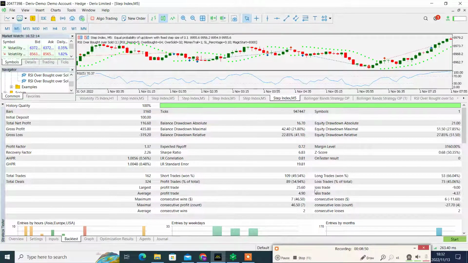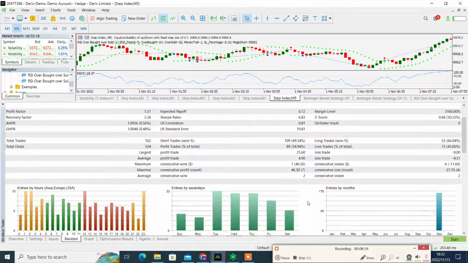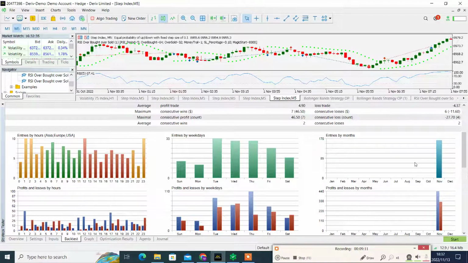When we win big, and when we lose small, that gives us positive wins. If we can win consecutive wins of 7 and make around $46, and then we just lose 6 times and it's still $11, that's a win-win situation.